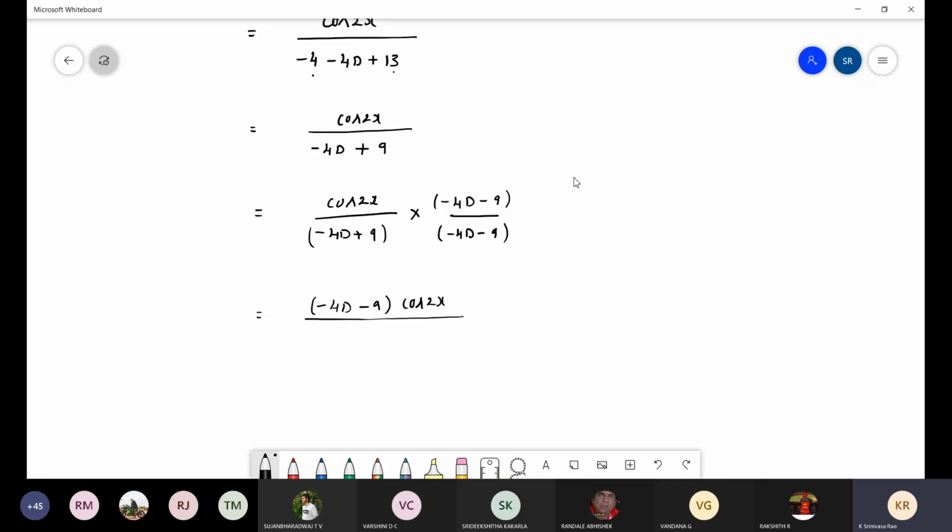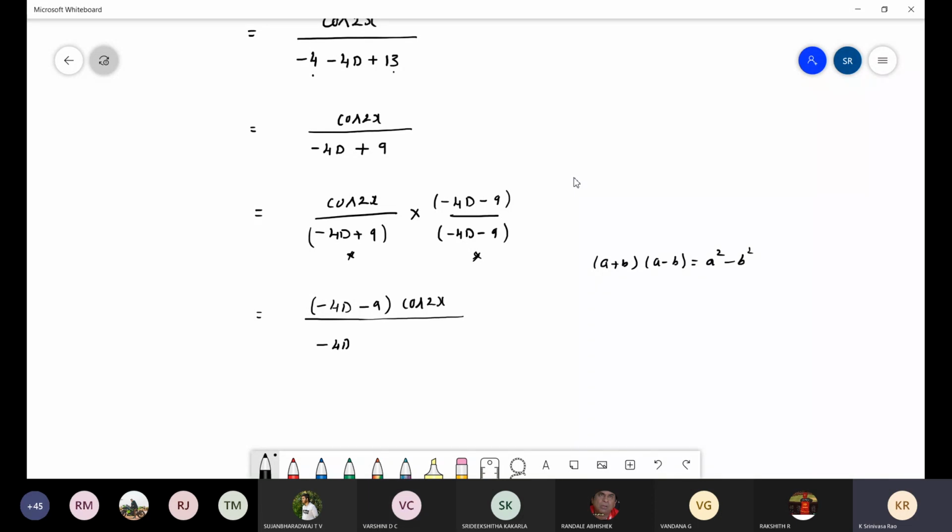Divided by the denominator, see what is this form? This expression and this expression are of the form a plus b, a minus b. This is (a plus b) into (a minus b). We know that (a plus b)(a minus b) is equal to a square minus b square. This is the formula.